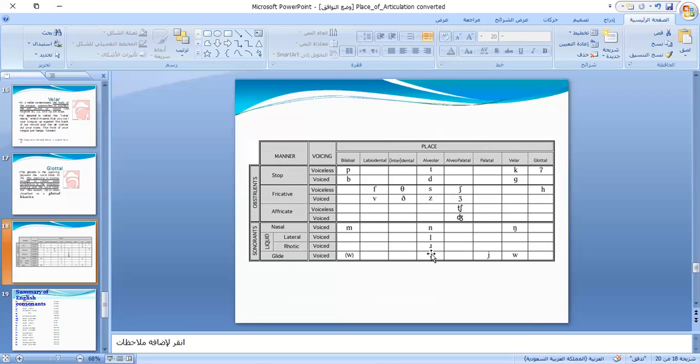And velar: k, g, ng, w. And palatal, which is ya, like yes. And glottal, like ha, or like the sign up here, like Hamza in Arabic, and so on.